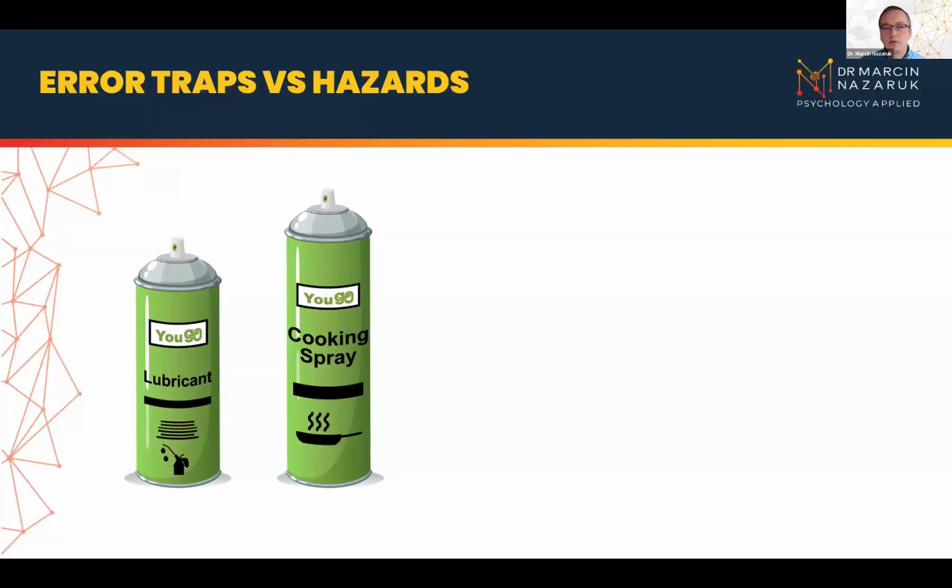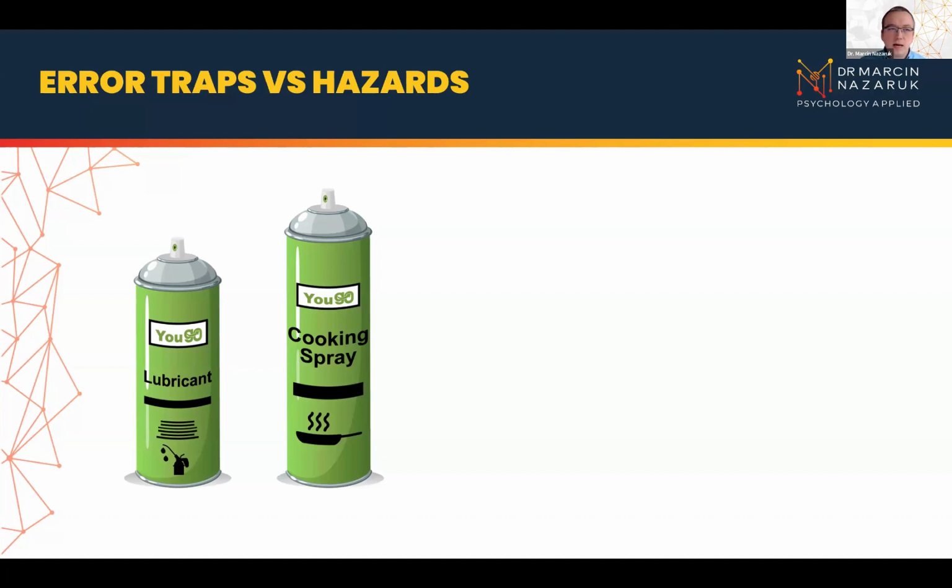And so now let's start with a simple example. You see those two cans, and one is a cooking spray and one is a lubricant. Now imagine you are cooking a dinner for your family, and these two cans stand next to your cooking hob, and let's try to analyze the risk.